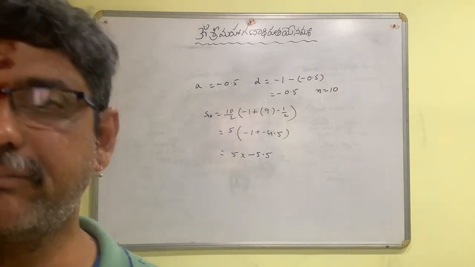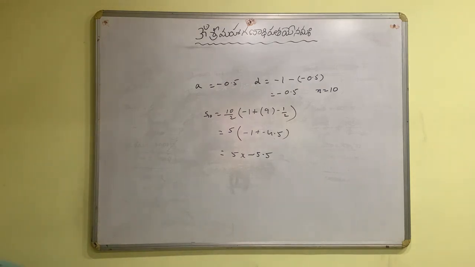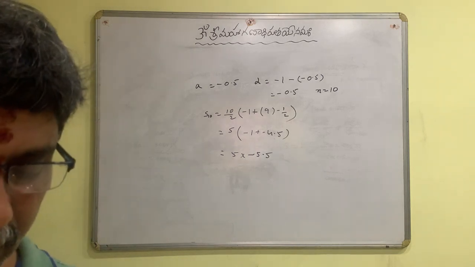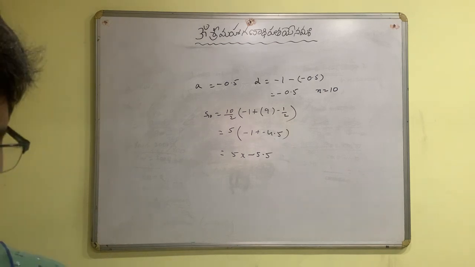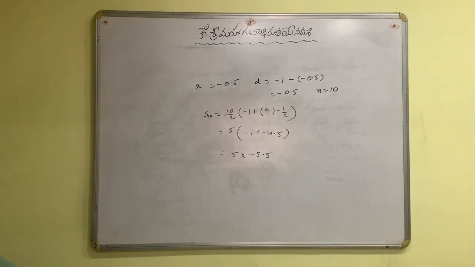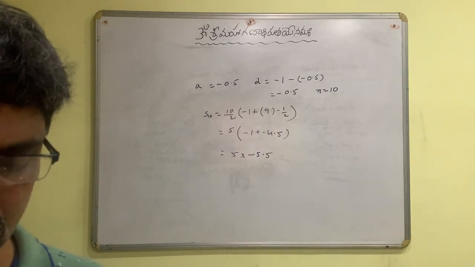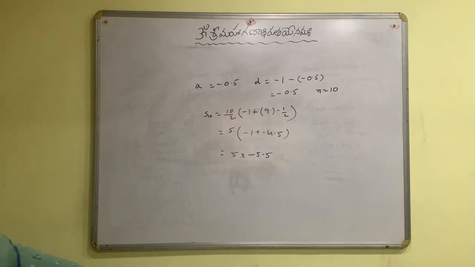Negative 27.5. It is given as positive 31. So assertion A is false but the reason is true. D is the correct answer.